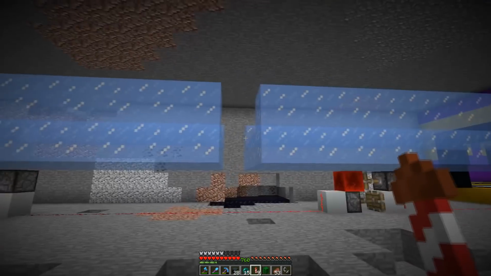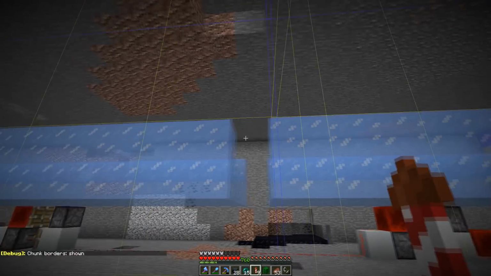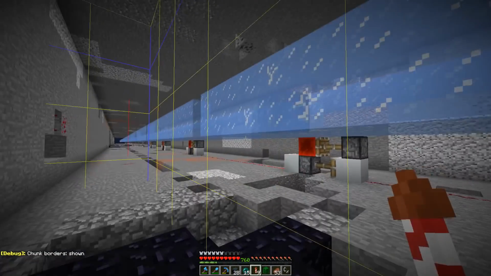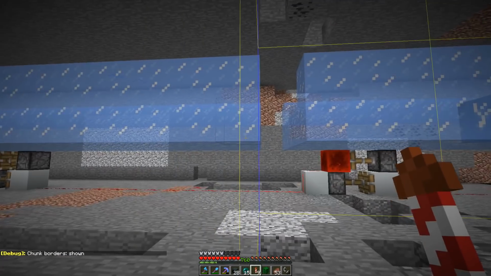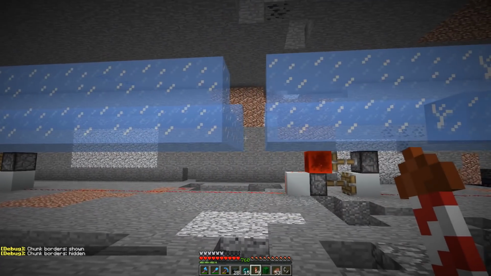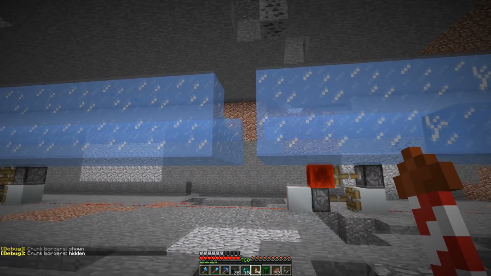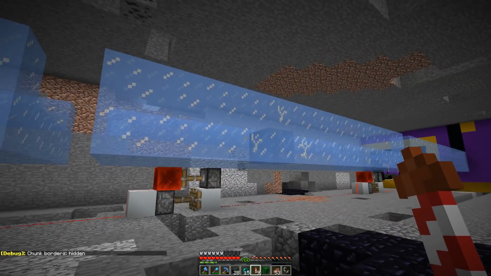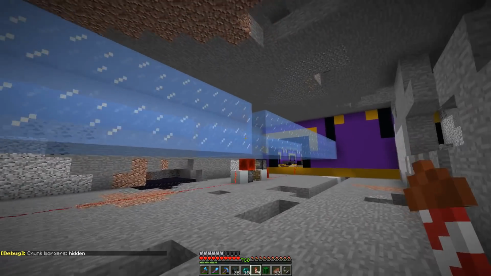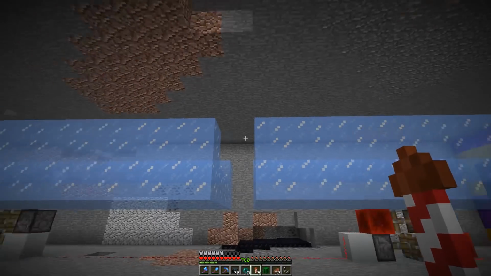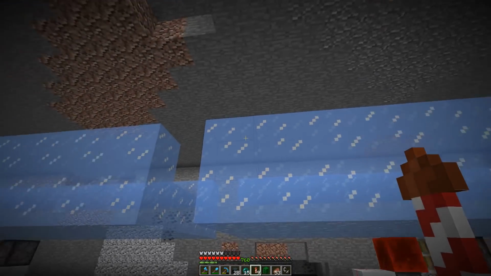So you might remember we cut slices at the chunk borders into the frosted ice highway in order to prevent chunk loading issues, but we still have some chunk loading issues, so let me explain. The reason why we did it the first time was to prevent the frosted ice from creating a permaloader itself.